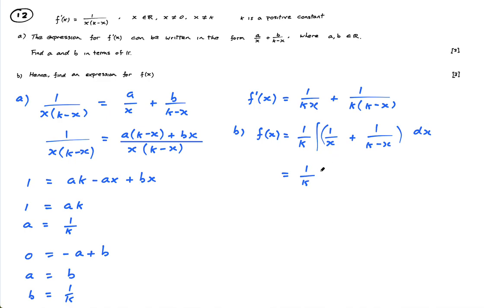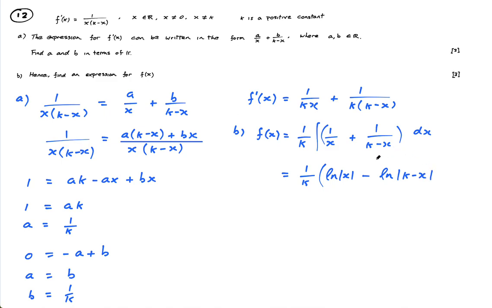Now the integral of 1 over x is ln of x. Now you have to put in the modulus sign, guys, be careful. The integral of 1 over x is ln of mod x. This is in the formula booklet. And then this is, well, I'm going to make it minus because it's the ln of mod k minus x.